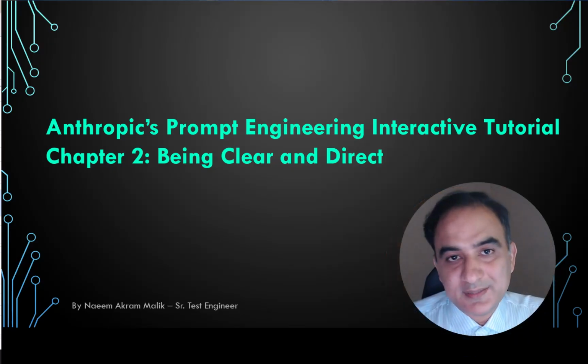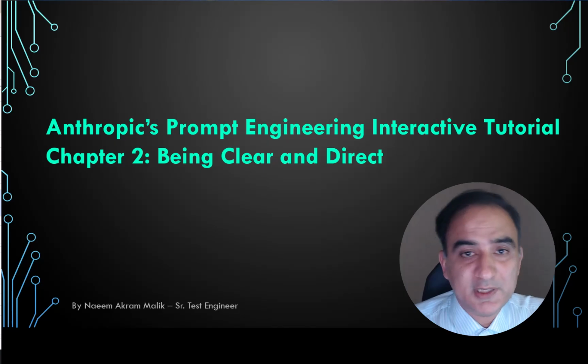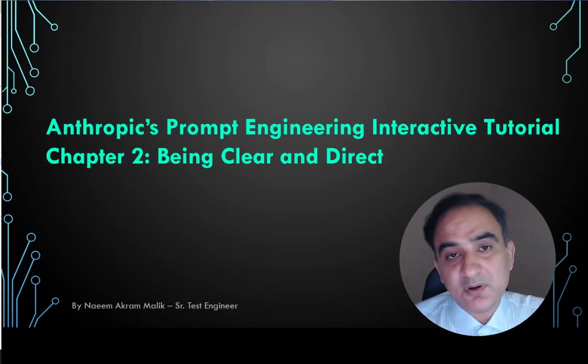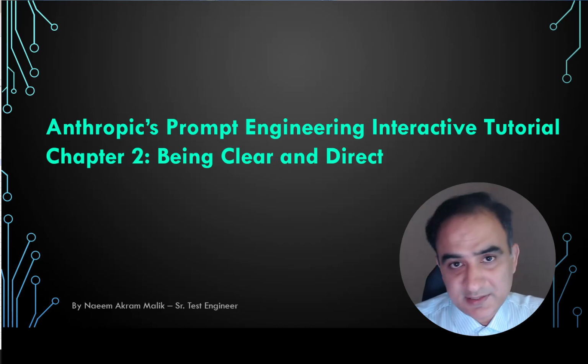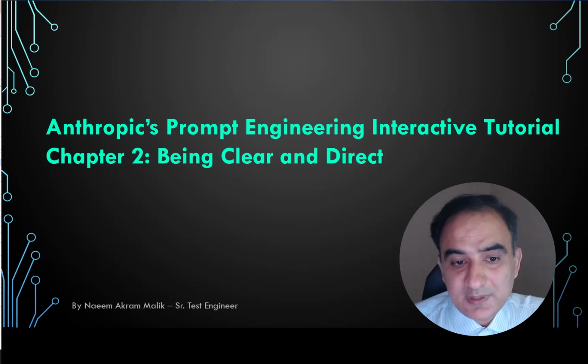You can get the Anthropic API key by logging in to the Anthropic developer console, or you can ask your IT department to do it for you. The cost of going through this entire tutorial for me was about 4 cents. So now let us get started with the actual tutorial.